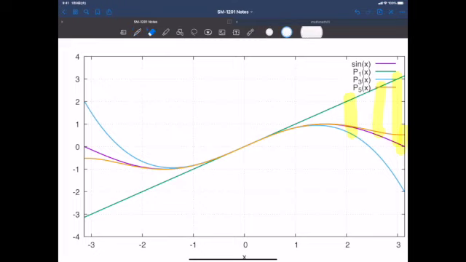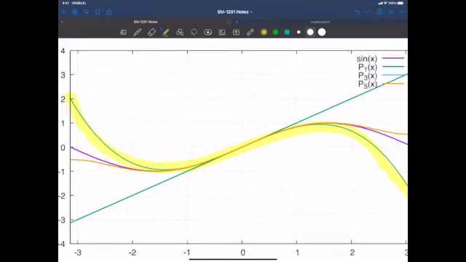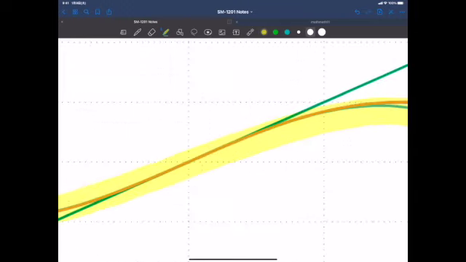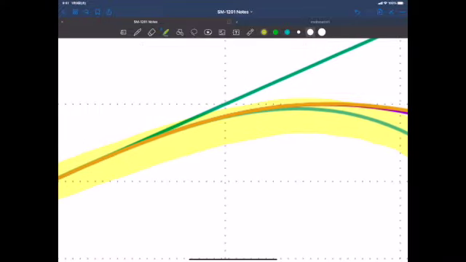Okay, then approximate by p3, that is a cubic function. So that's this blue curve. This is better than the straight line. Let's look at somewhere here.